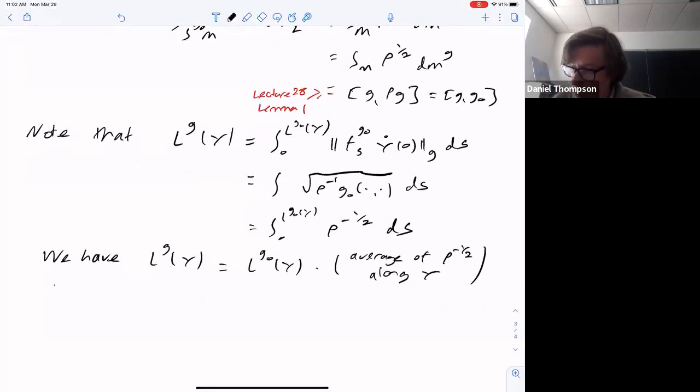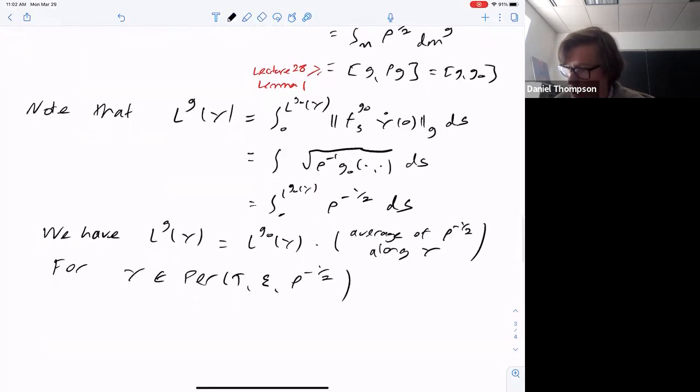Okay, so for a curve belonging to Per_T epsilon of rho to the -1/2, what do we get?